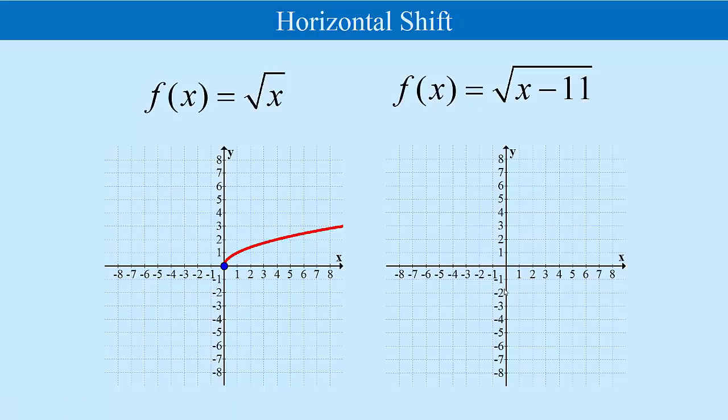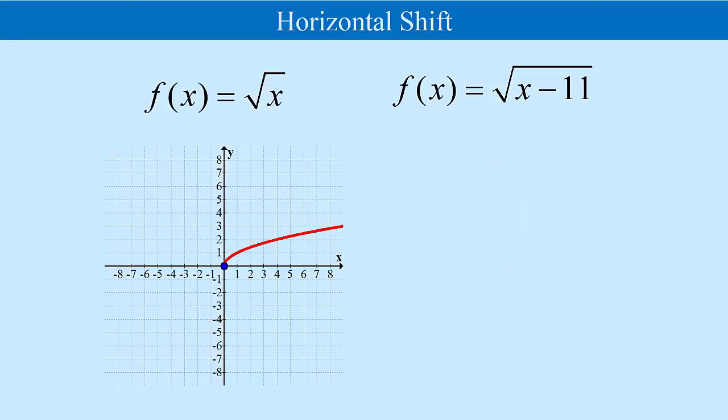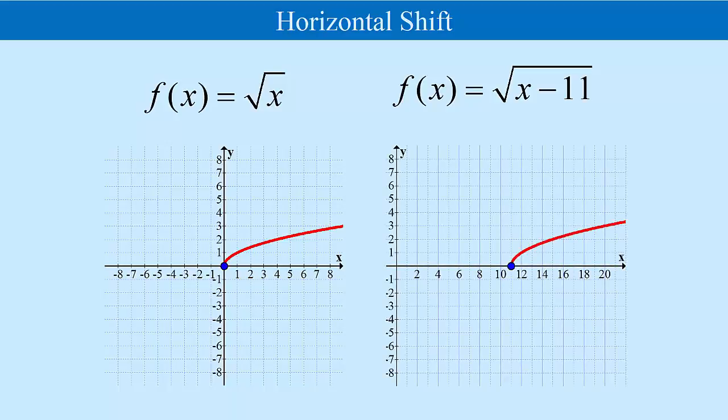And you see nothing because it is shifted 11 units to the right, and our screen ended at 10, so we don't see a graph unless we know that that is where it's located. I'll show you later in class how to adjust the window on your calculator for such things, but you need to know that that's where it's located.